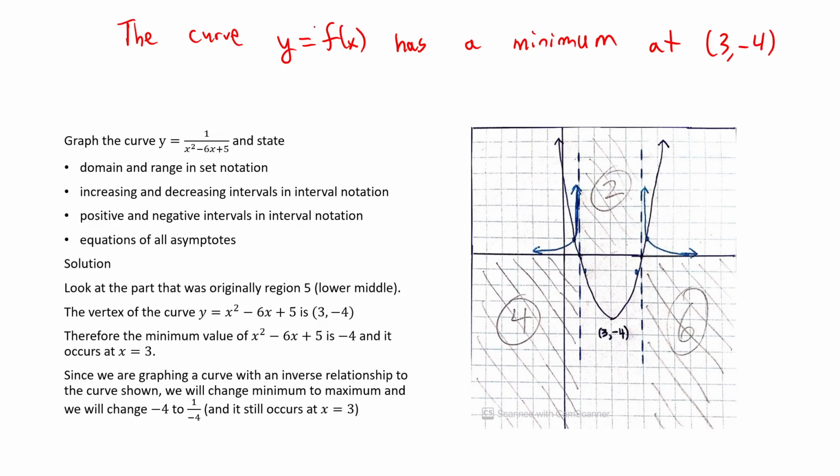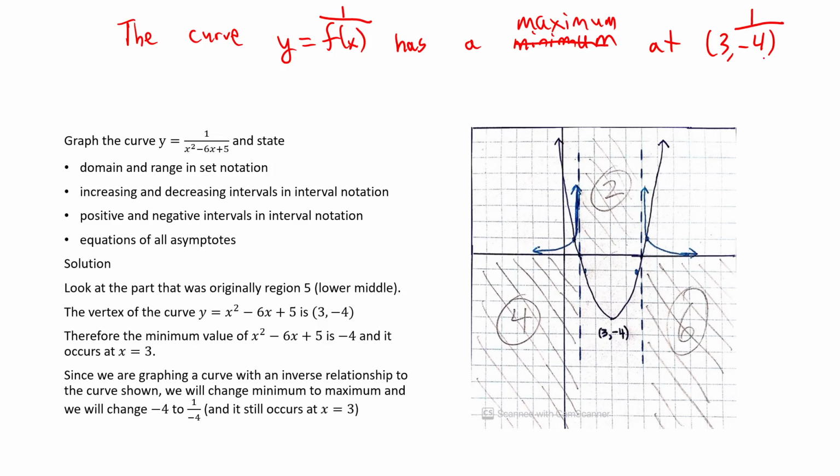Well, if I change f of x to 1 over f of x, then the word minimum becomes the word maximum. And leaving the x-coordinate alone at 3, the y-coordinate, which is often called f of x, we're now calling 1 over f of x.